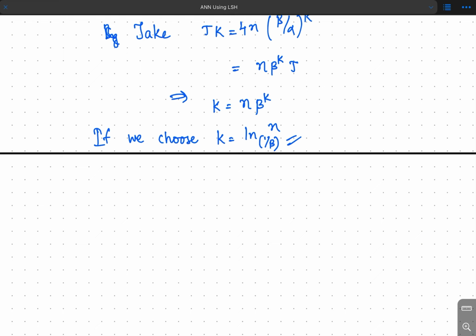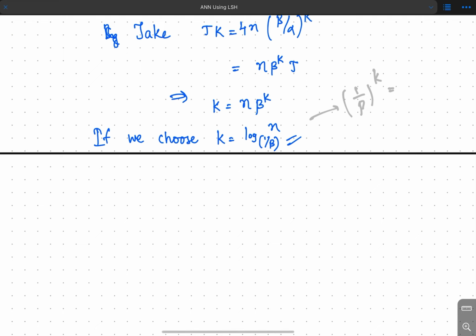So let's do some calculation here. We know that (1/beta)^k = n. Why is there ln? This should be log actually; it doesn't make sense to write ln to the base something else.